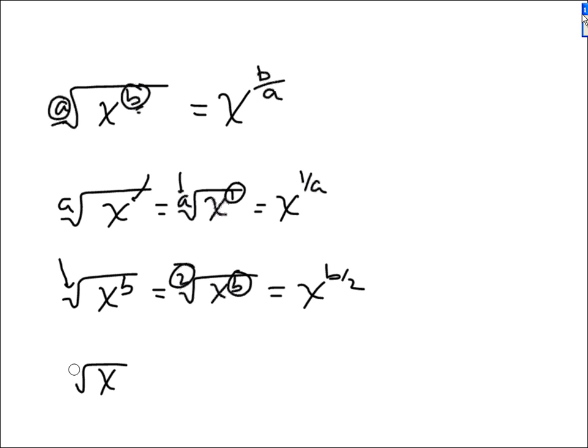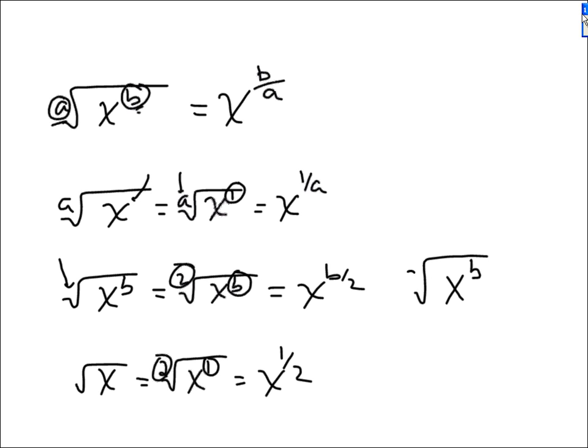Now, if you just have the square root of x, there's a 1 here and a 2 there, understood to be there. So you get 1 over 2 as the exponent. The square root of x is the same as x to the 1 over 2. Just as simple as this: b over a. You just have to know where to look. That's the numerator, that's the denominator.